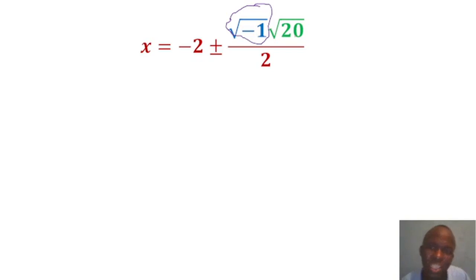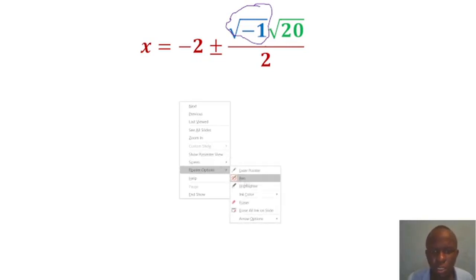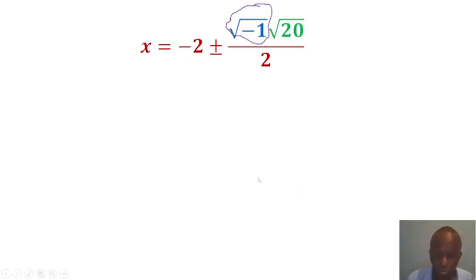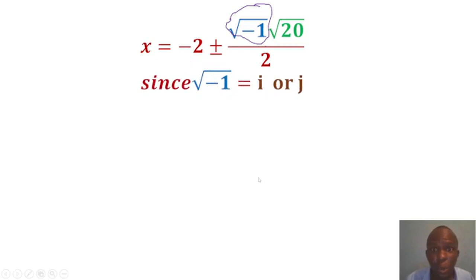The square root of 20 is a real number. But what is square root of negative 1? The square root of negative 1 is equal to I or J.